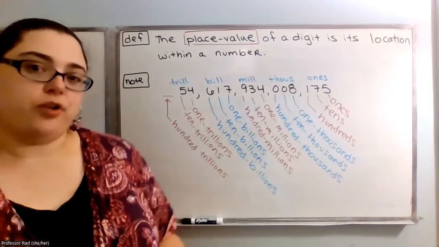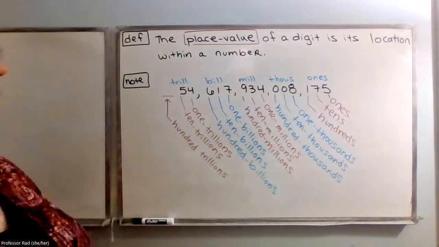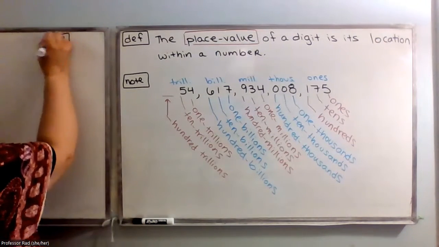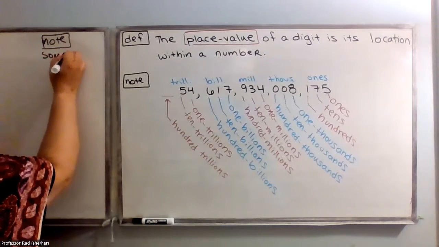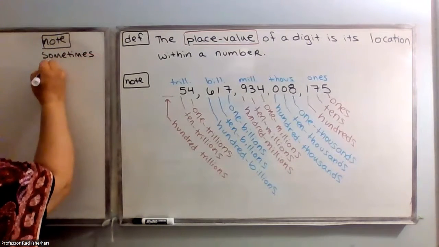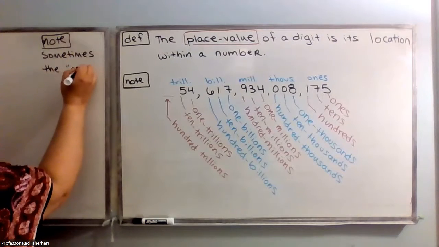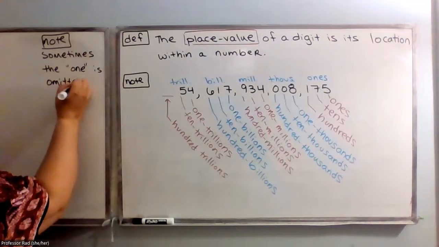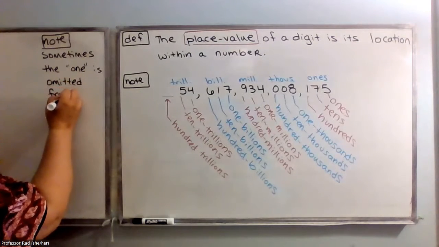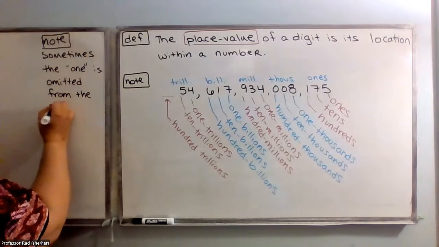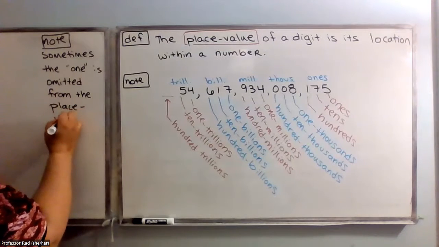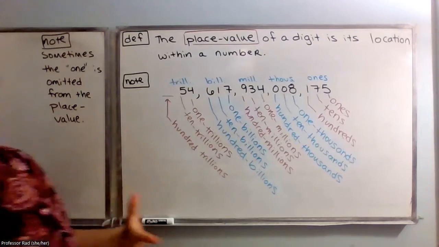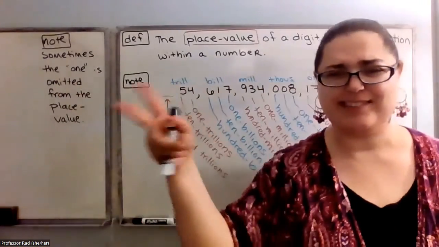And then there's one more note that I wanted to make about this. I think I'll write it over here. I think I have some room. So the note is that sometimes the 1 is omitted from the place value. What we mean by omitted just means you cut it out.